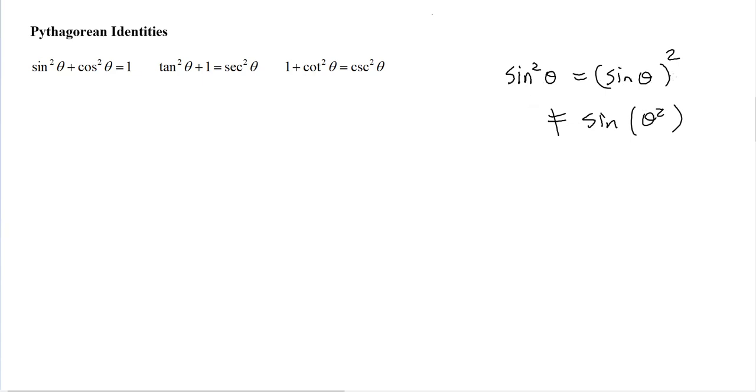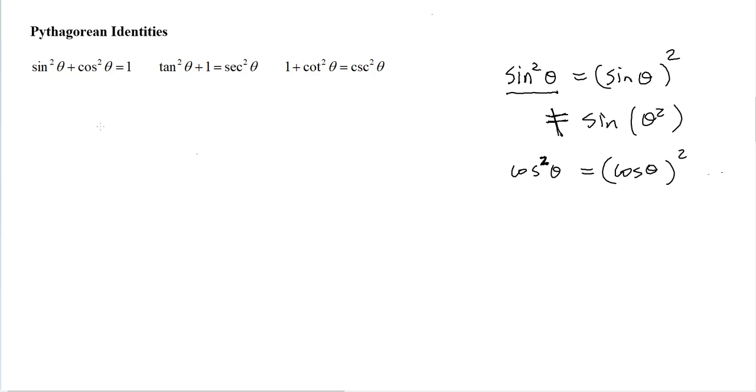When you mean sine theta times sine theta, we write sine squared theta. Cosine squared theta means cosine theta times cosine theta, the cosine theta whole thing squared, which we write as cosine squared theta. The square is on the cosine, before theta. Now sine squared theta plus cosine squared theta is equal to 1.